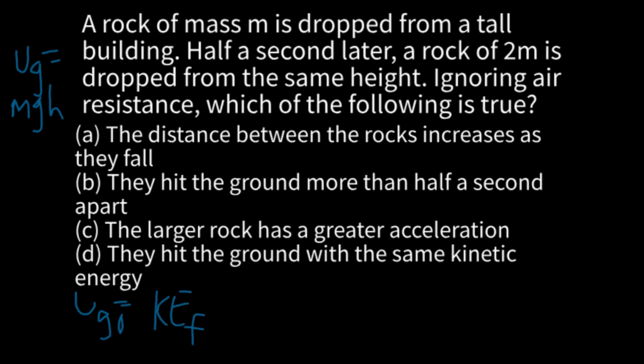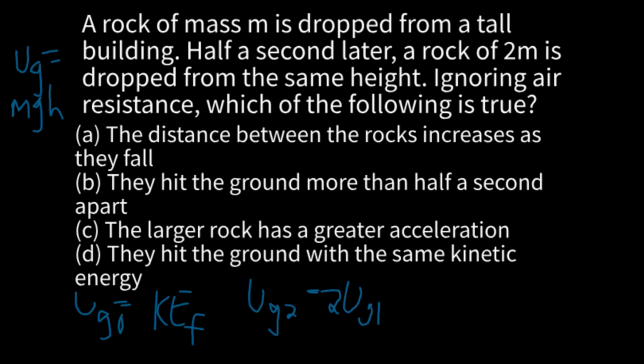Right? Now, the first rock is of mass m, the second rock is of 2m. So our second rock has twice the initial potential energy of the first. So we're going to say UG2 equals twice that of UG1.